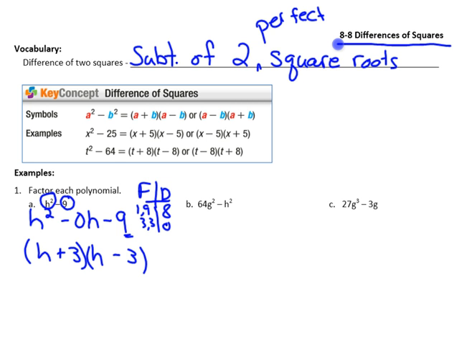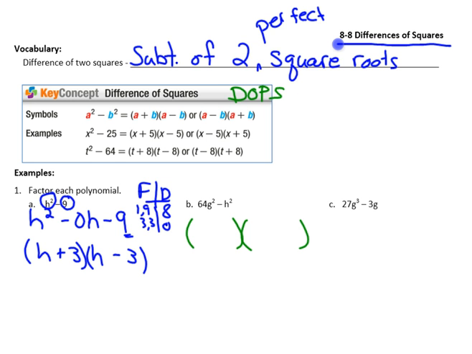So when I look over here at letter B, first of all, I'm looking to see, okay, it's subtracting, there's two things. Maybe it's the difference of two perfect squares, which is sometimes abbreviated DOPS. I could do that because the square root of 64 is 8, because 8 times 8 is 64. My exponents are both even, so I'm okay. So I'm going to set up my parentheses.